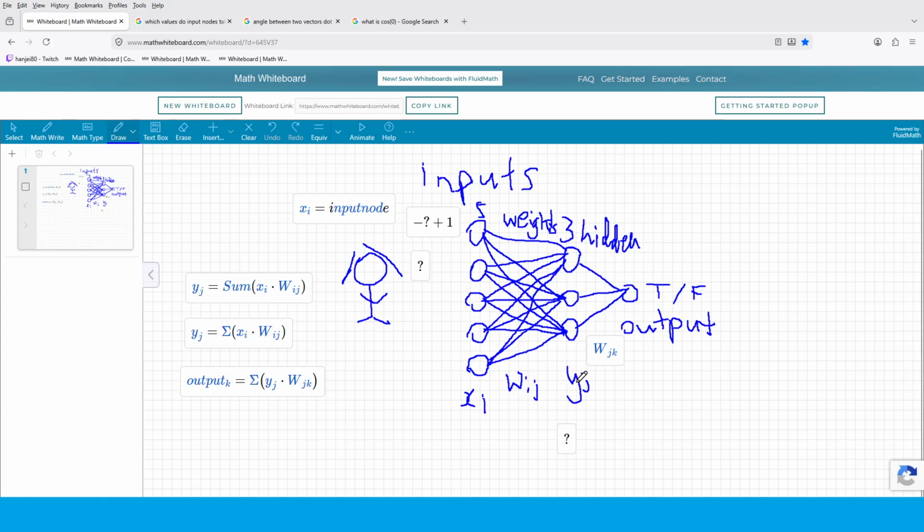So Yj is the shadow that is casted by W and Xi. Why is that important? Well, it shows how much the hidden variables, hidden values, hidden nodes get affected by the weights and the input nodes.